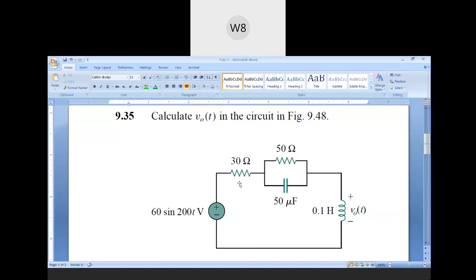That is the meaning of steady state. So try to find out the voltage across the inductor. Okay, let us see the solution for this problem.